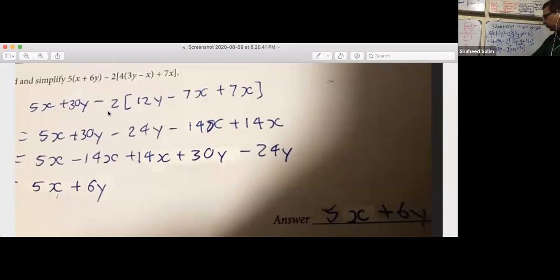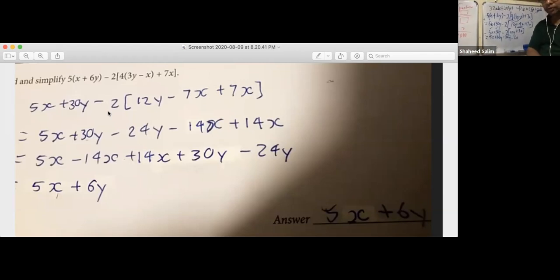11x plus, okay, so down here 5x plus 30y, and then minus 24y, you agree? Minus 6x, you agree? Careful, careful, careful. You may be falling for another trap. So 30y minus 24y, you get 6y, right? Okay, you got 6y.